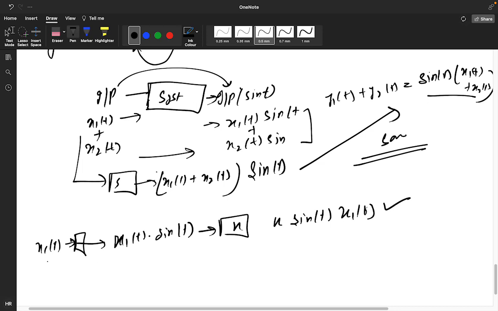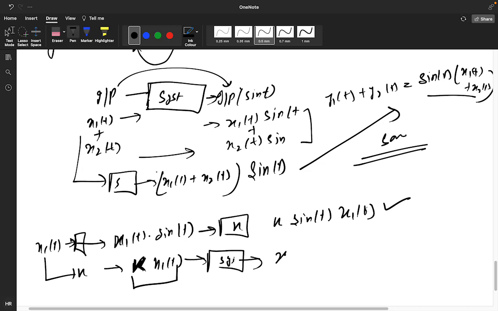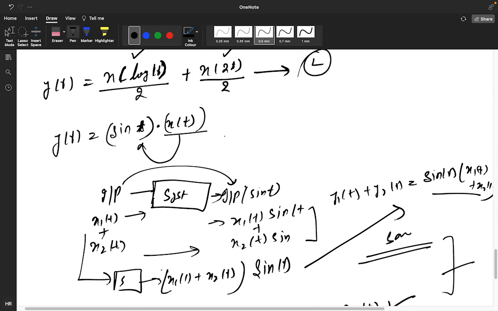Now I do the scaling first, multiplying with k, so kx1 of t becomes my input, and then I pass it through the system, whose property is that whatever input you put, it just multiplies it with sine t. So kx1 of t into sine t. Both are coming the same, and this means the law of homogeneity passes and the law of linearity passes, so superposition is valid. That means my system is a linear system.